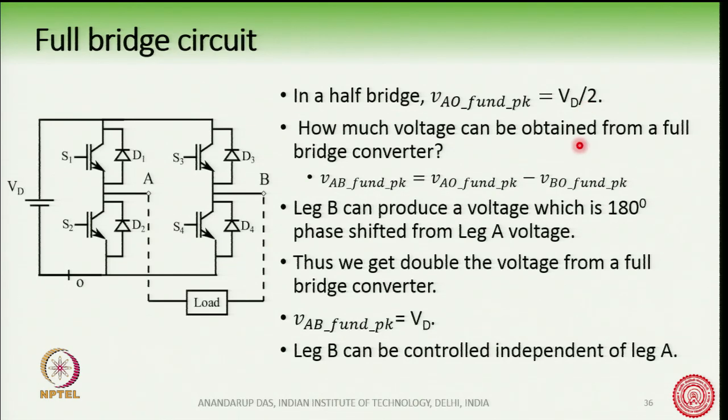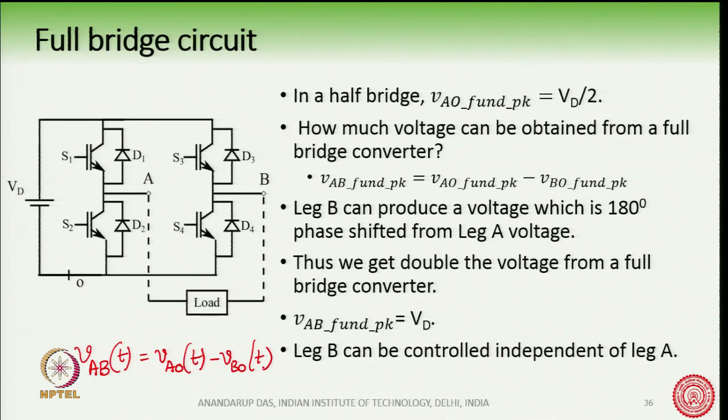Now, how much voltage can be obtained from the full bridge? This voltage which is applied across the load, we can term it as VAB. Now, this voltage VAB is nothing but VAO minus VBO. So, I can write VAB is equal to VAO minus VBO.